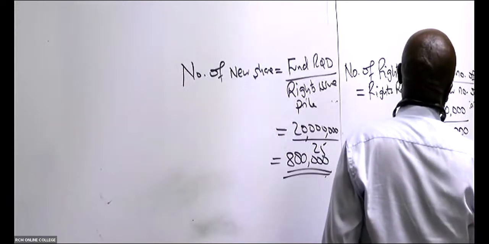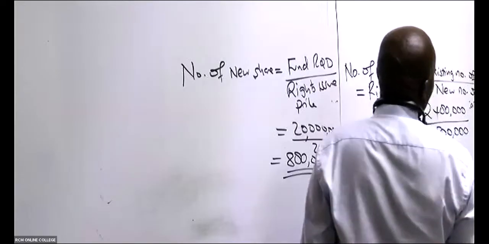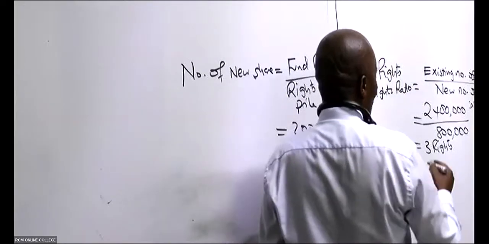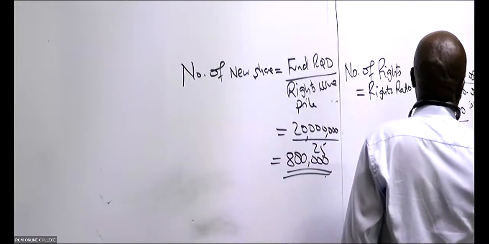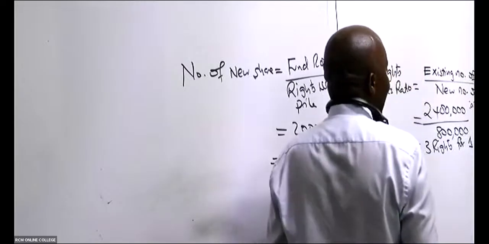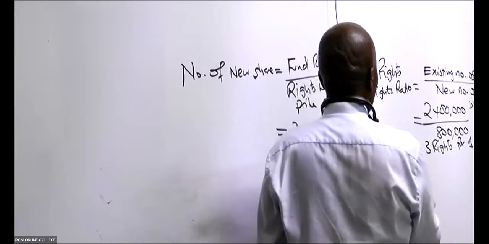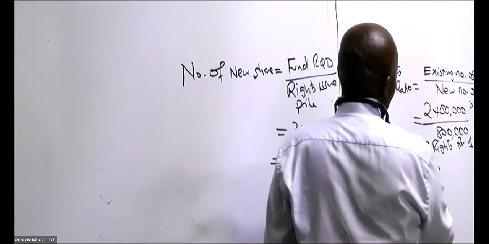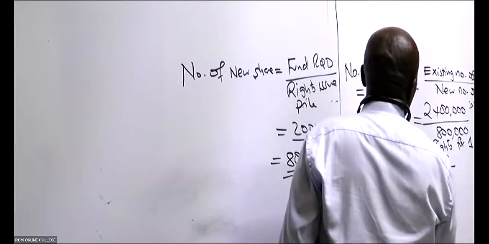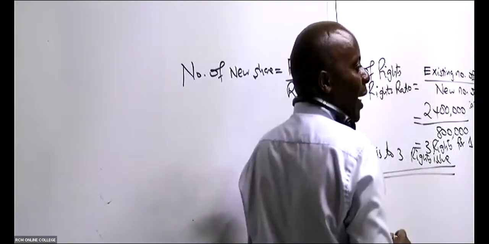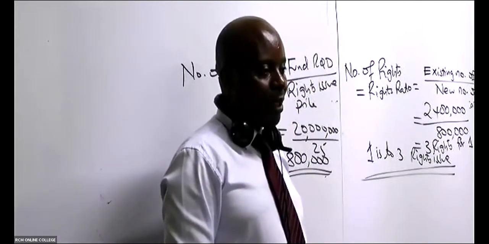So this means 3 rights for 1 share. So basically, this is a 1:3 rights issue.